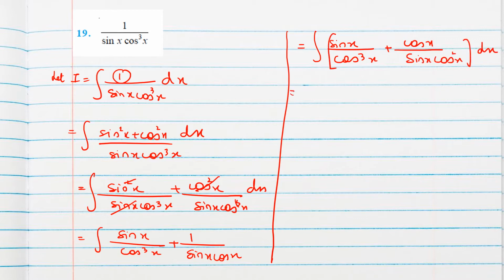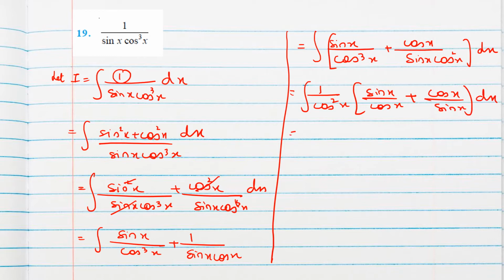Now 1 by cos square x we can take out. So here sin by cos will be left and here cos by sin. So this we can write as sec square x, tan x and cot x. So cot x I can write as 1 by tan x.